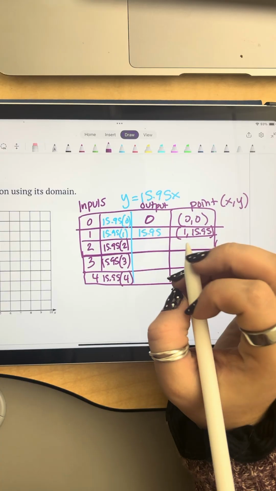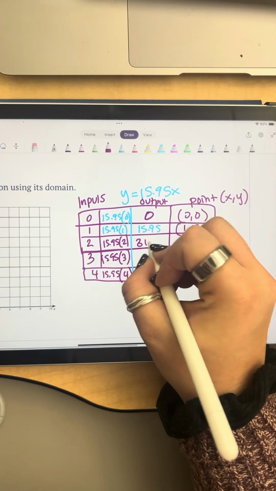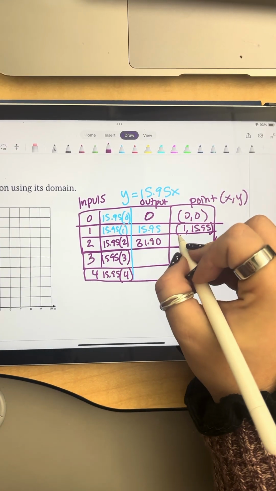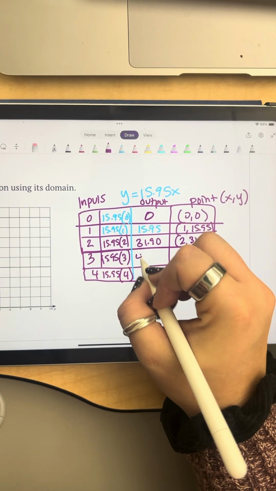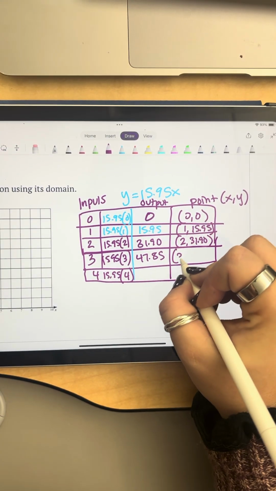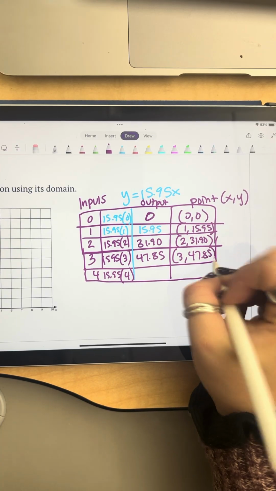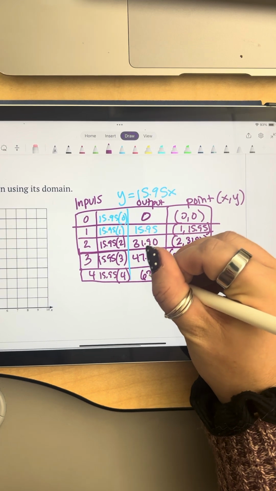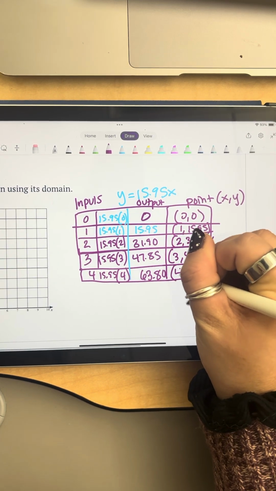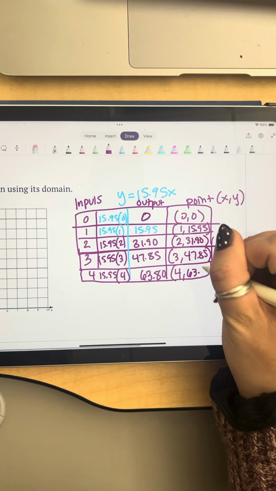If I times that by 2, I get 31.90. So that means (2, 31.90), so 2 tickets is that. And then I've got 47.85, (3, 47.85). And then plugging in for 4, you get 63.80. So (4, 63.80).